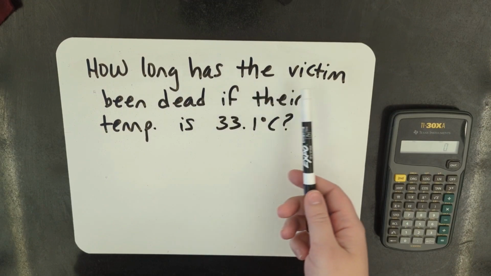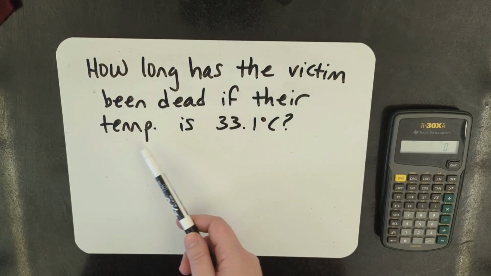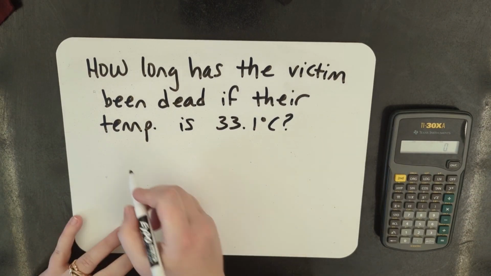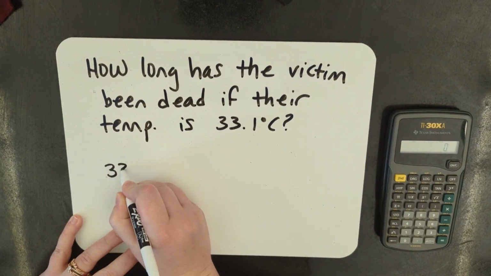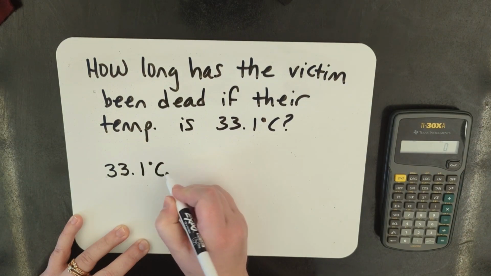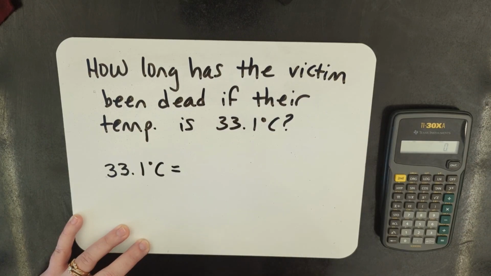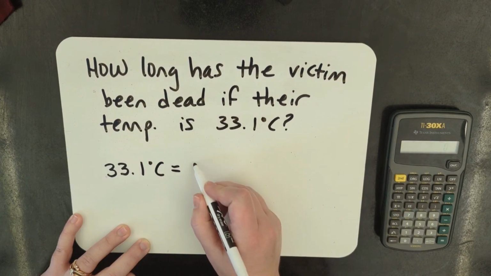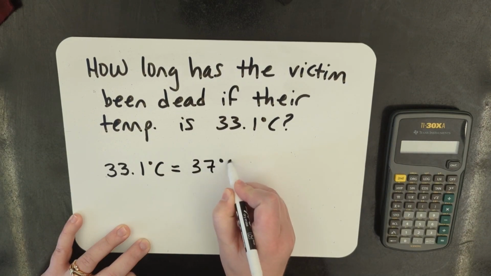How long has the victim been dead if their temperature is 33.1 degrees Celsius when we find them? To set up our equation, we're going to start with the ending temperature, which is 33.1 degrees Celsius. And what's the number that our body stays at when we're alive? 37 degrees Celsius.